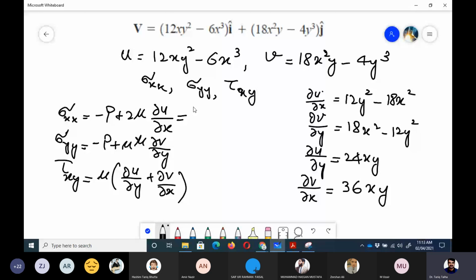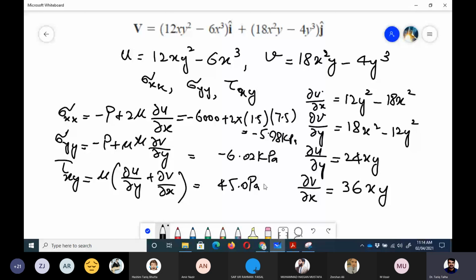Sigma xx would be equal to minus 6,000 plus 2 into 1.5, which is the mu value, and then partial u by partial x at y equal to 1 and x equal to 0.5, which is 7.5. So that gives minus 5.98 kilopascal. Similarly, for sigma yy, it comes out to be minus 6.02 kilopascal, and tau xy comes out to be 45.0 Pascal. Okay.